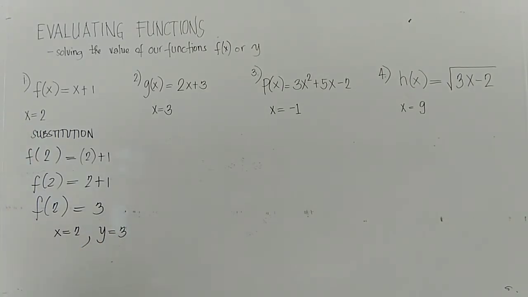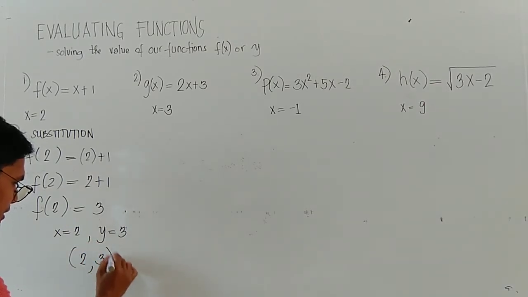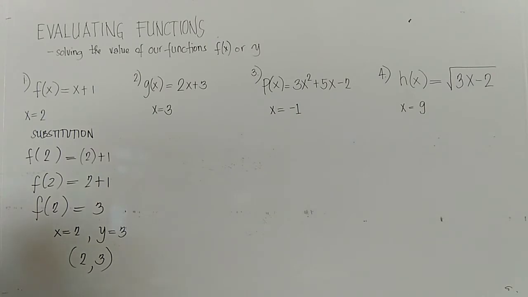Applying it to our ordered pair, as discussed in our previous video, your x or your domain or the first element of your ordered pair is 2 and the second element or the range is 3. So again, in summary, for example number 1, as a fundamental example of evaluating function, x is equal to 2 and y is equal to 3, or in ordered pair form, we have 2 and 3. Okay?